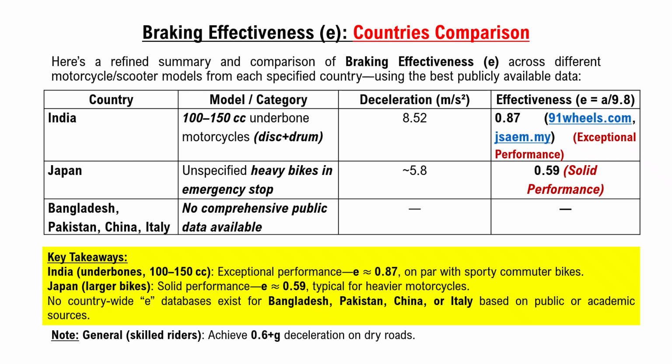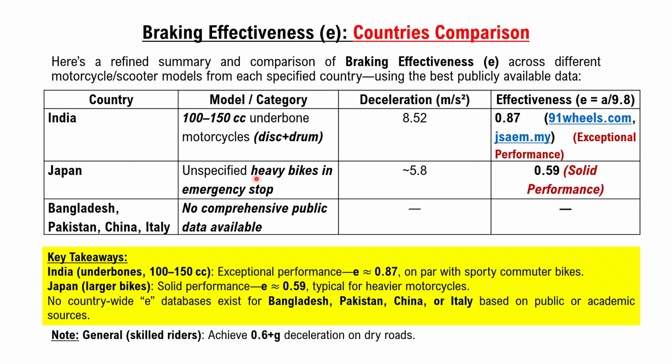Here is a comparison table showing the braking effectiveness of motorcycles and scooters produced in countries like India, Japan, Bangladesh, Pakistan, China, and Italy. The 150 cc motorcycles produced in India have a braking effectiveness value of 0.87, which is indicative of exceptional performance.